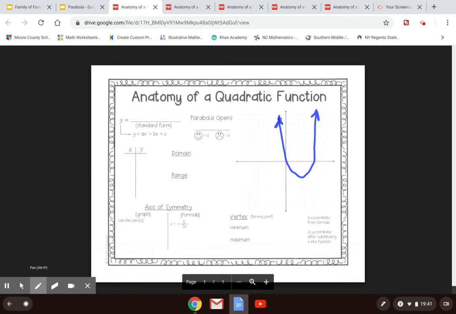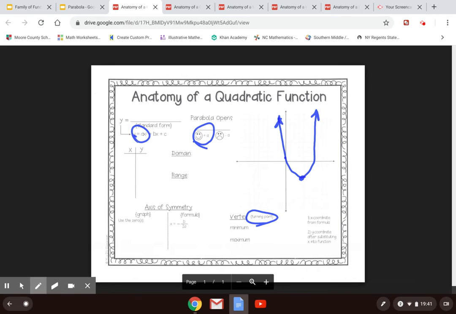We learned that a parabola has a y-intercept, it has x-intercepts, and it also has what we call the vertex of the parabola right here, which is the turning point. We also learned that a parabola opens upward if it has a positive a value over here, or it's going to open downward if it has a negative a value.